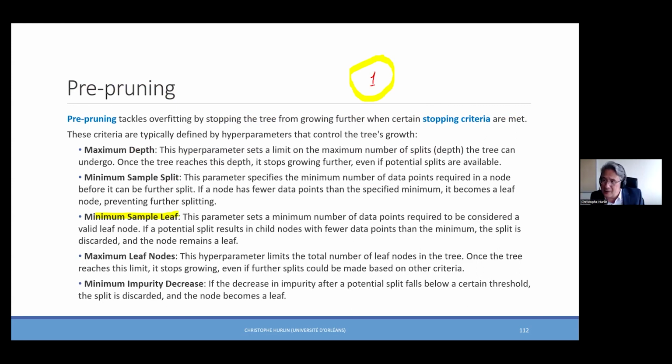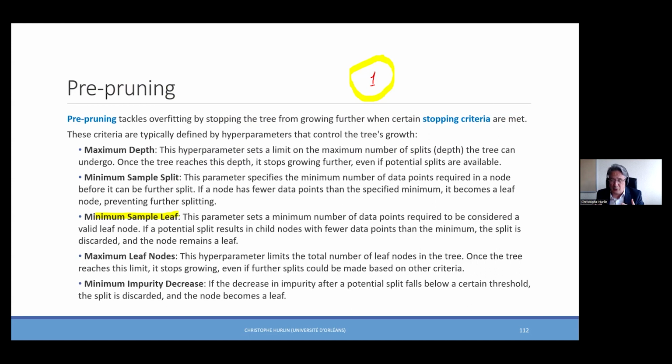So I have a model that says, okay, I have someone who is 50 years old, who is professor at University of Orléans, and then, etc., we have many decision rules with many variables that allow the model to identify only one person.